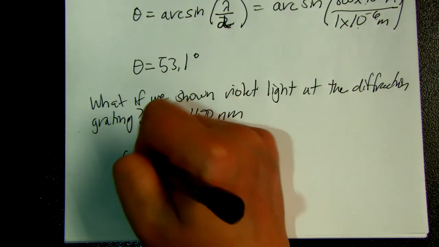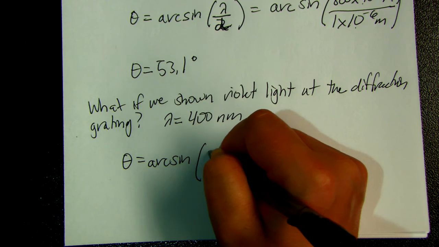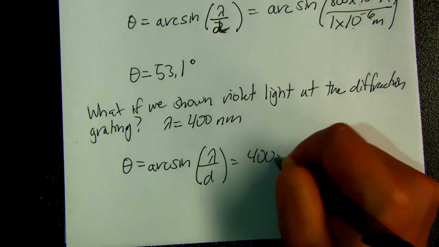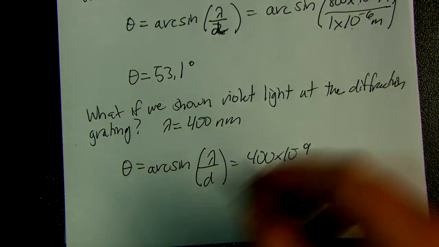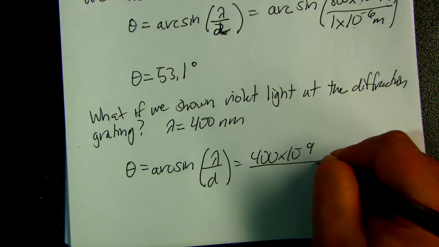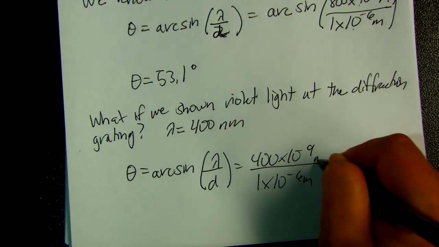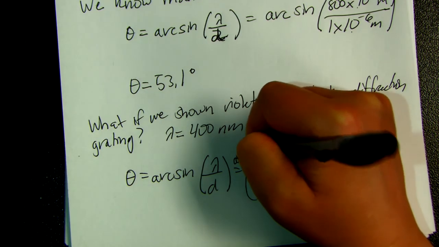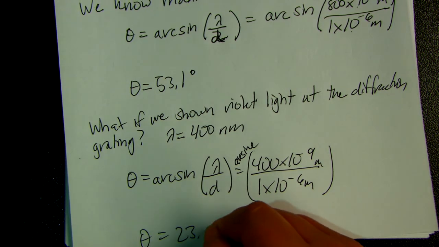All right, so once again, theta is equal to arc sine lambda over d, which is 400 times 10 to the minus 9 meters over 1 times 10 to the minus 6 meters. That was of course an arc sine. And so in this case, theta is equal to 23.6 degrees.